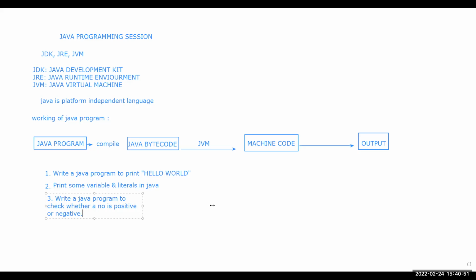This is the first assignment for you to do at home, that is, write a Java program to check whether a given number is positive or negative.